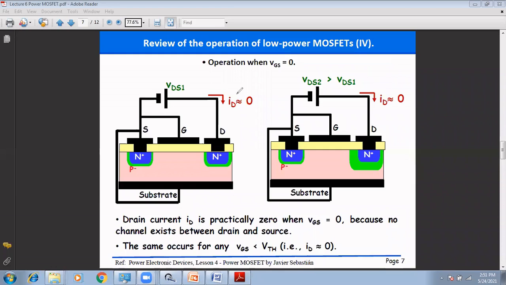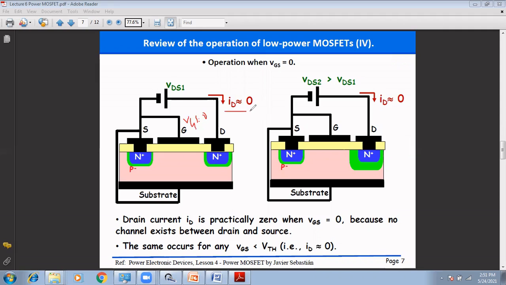In short, we can say that for the operation of this MOSFET, when VGS is equal to 0, that means the gate to source voltage is 0, and when we apply the VDS voltage, in that condition there is no creation of the inversion layer. Because of the unavailability of the inversion layer, the current or charge carriers cannot flow from the drain towards the source.